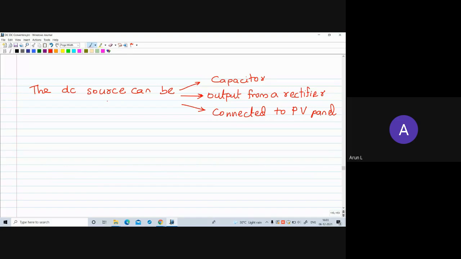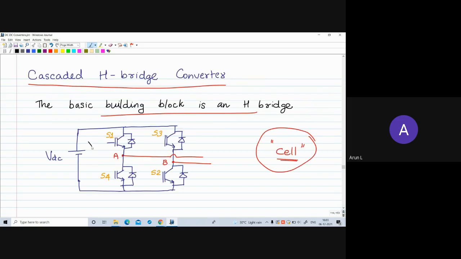So this DC source in the cell can be either a charged capacitor, or it can be the output from a rectifier. We have a utility, we will rectify it into DC, and that can be used maybe in motor drive application. Or if you have a renewable integration, you have a PV panel, the output of the PV panel will be the DC voltage feeding to this H-bridge.